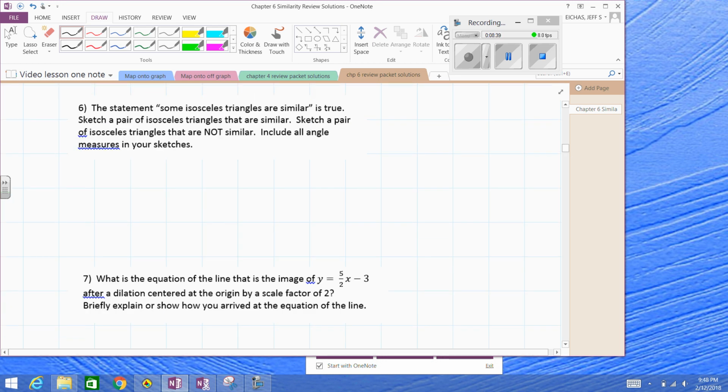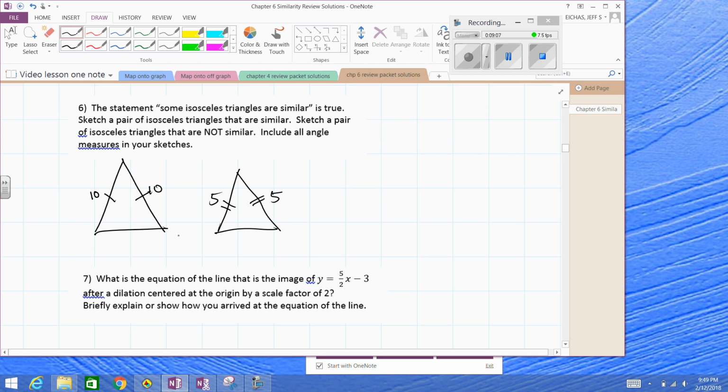So some isosceles triangles are similar is true. Okay, sketch a pair of isosceles triangles that are in fact similar. Okay, so isosceles, I have to satisfy that. Say I make these 10s and these, I don't know, 5s, just to make it easy.